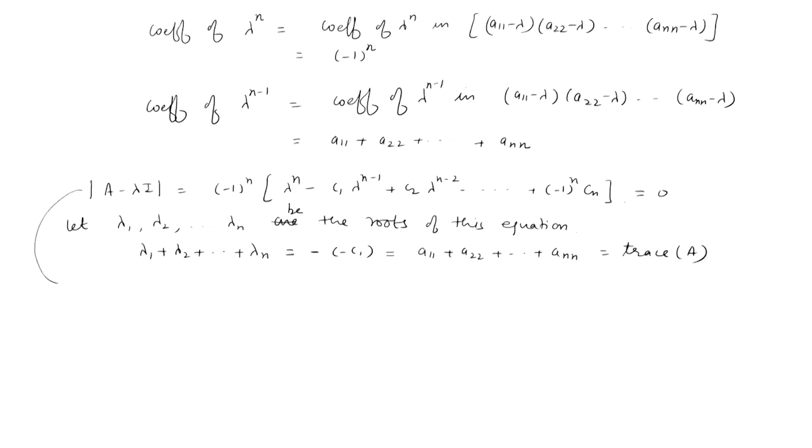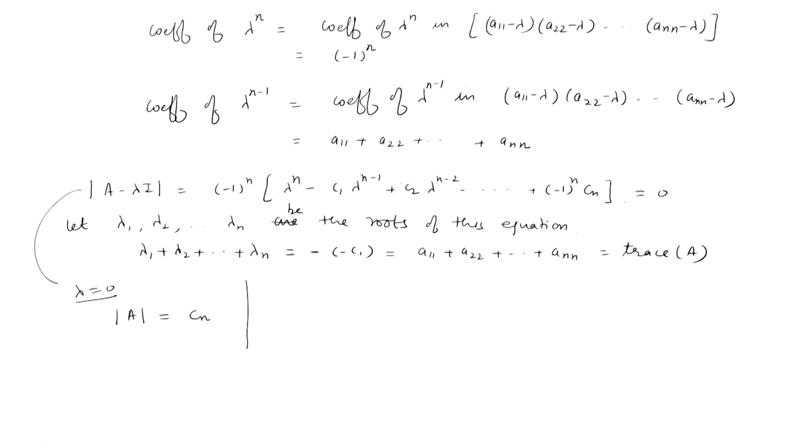The second property is, now this result, that this is equal to this, holds for any lambda. Okay. So, this holds for lambda equal to 0 also, and when you substitute lambda equal to 0, we get determinant of A equal to Cn.